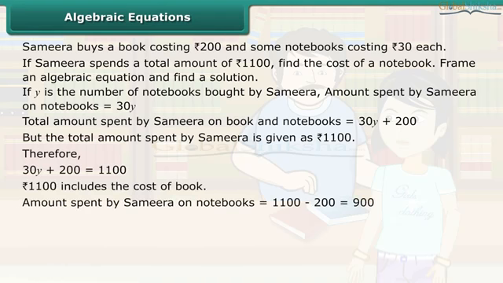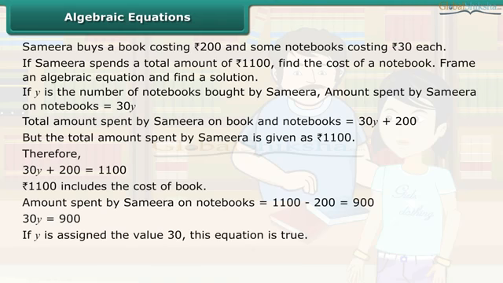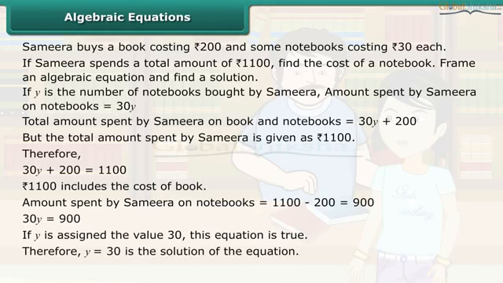Amount spent on notebooks is equal to 1100 minus 200 is equal to 900. 30y is equal to 900. If y is assigned the value 30, this equation is true. Therefore, y is equal to 30 is the solution of the equation. It means the cost of a notebook is 30 rupees.